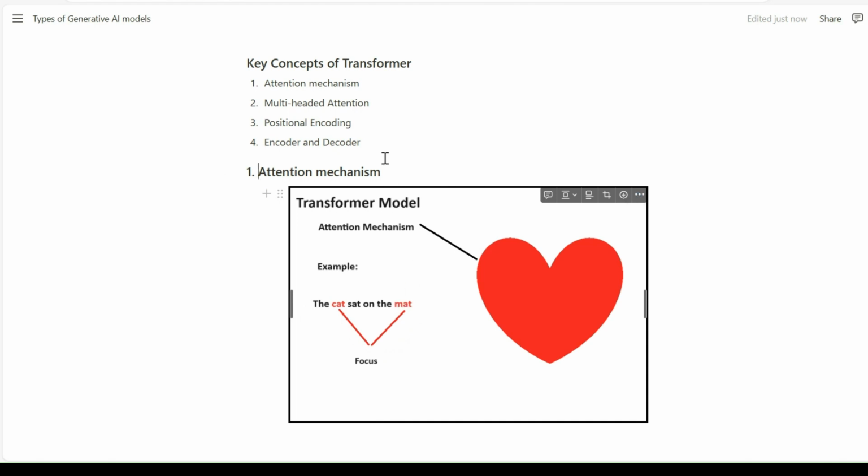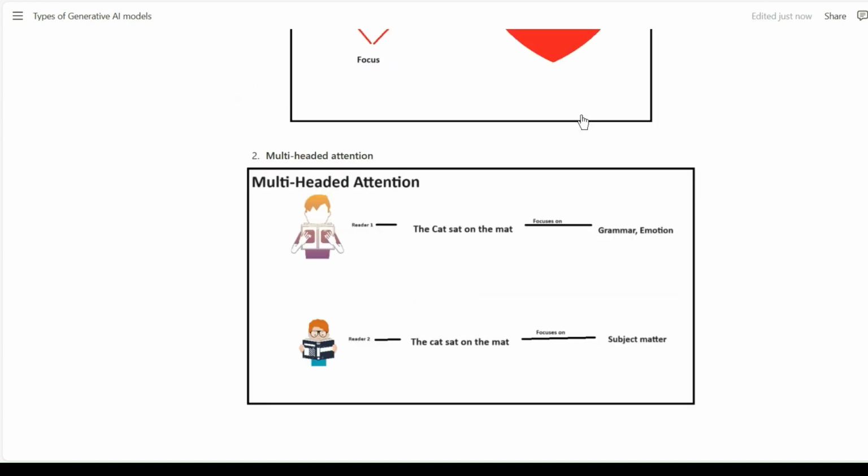Next we have multi-headed attention. Multi-headed attention is an extension of the attention mechanism. For example, let's say we have two readers who are reading the same sentence. Each reader might be focusing on different aspects, such as reader 1 might be focusing on grammar and emotion, and reader 2 might be focusing on subject matter.